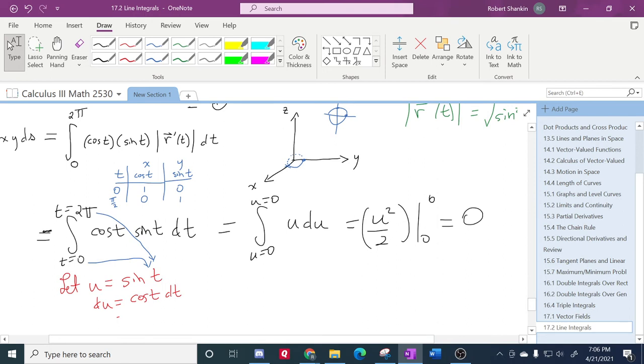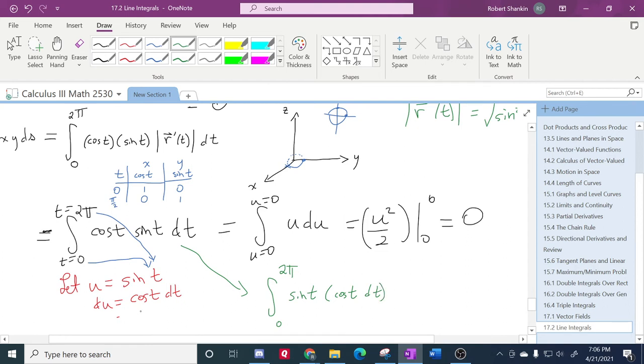I have a question. Where did cosine t go? Okay, so this integral is going to get rewritten as the integral from 0 to 2 pi of sine of t times cosine t dt.